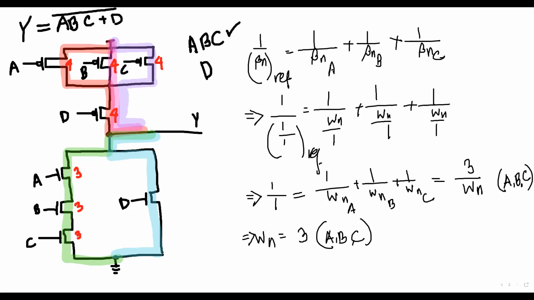Now for the next part, that means for D, what will be the value of D? Now, if I do the calculation again, you will see 1 divided by beta n reference, 1 divided by beta n. Now this will be for D, not for A, B, C. And since it is only 1, we do not need any other part in the equation.